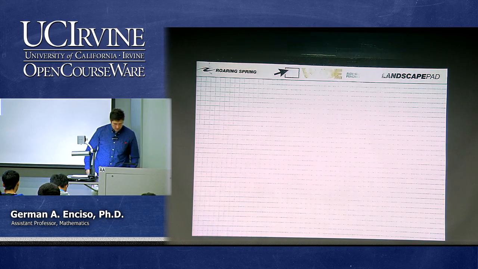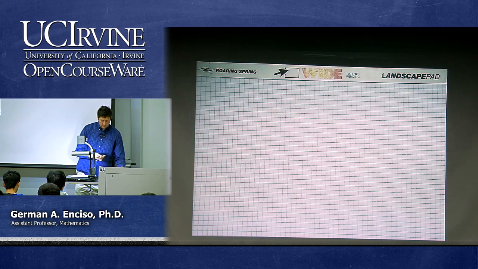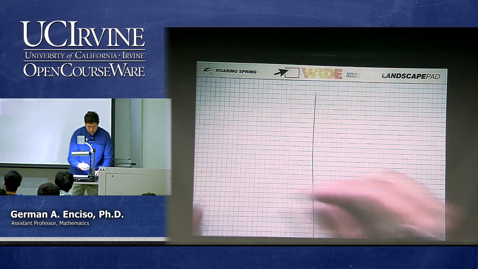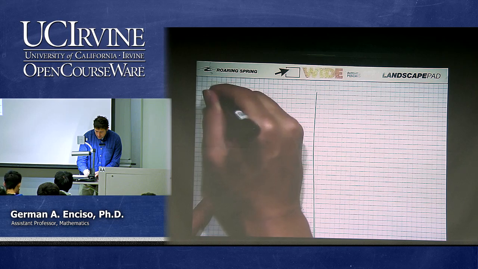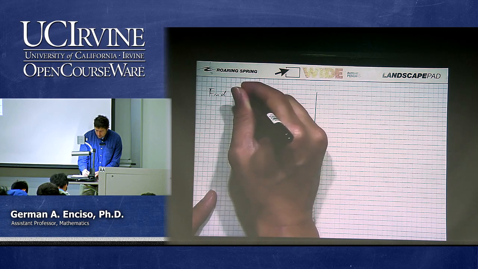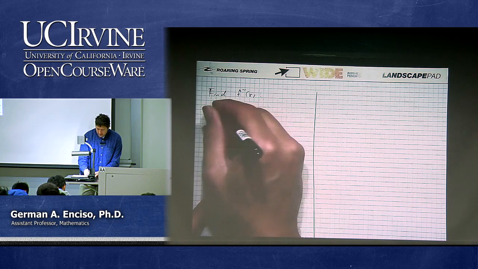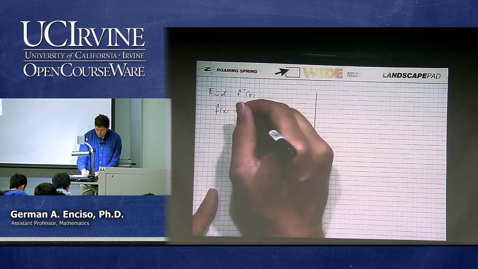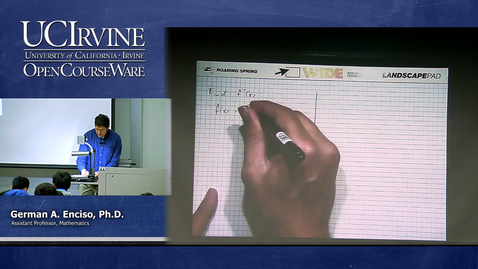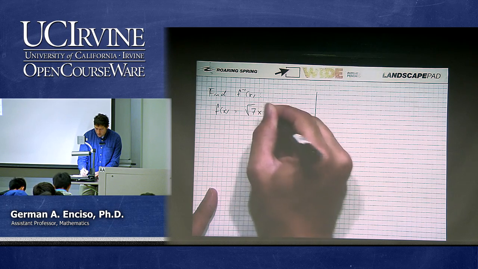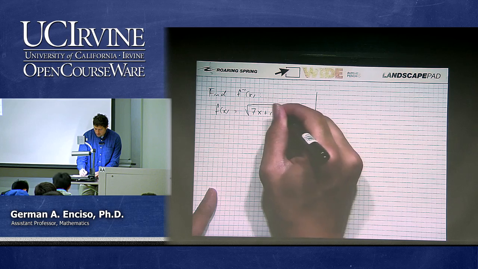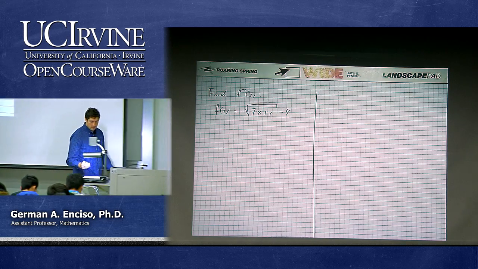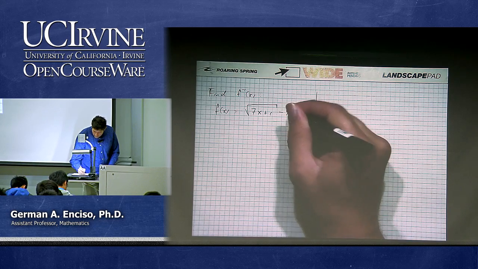Let's see. Find f minus 1 of x, where f of x is equal to, let's say, the square root of 7x plus 1, minus 4.